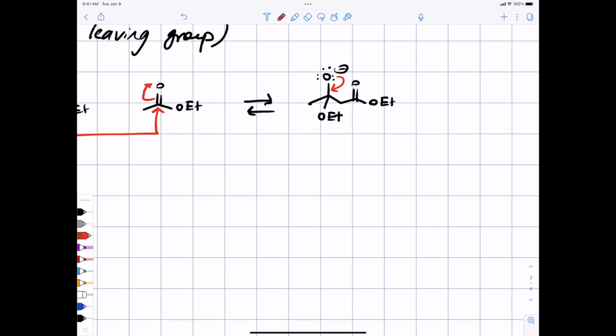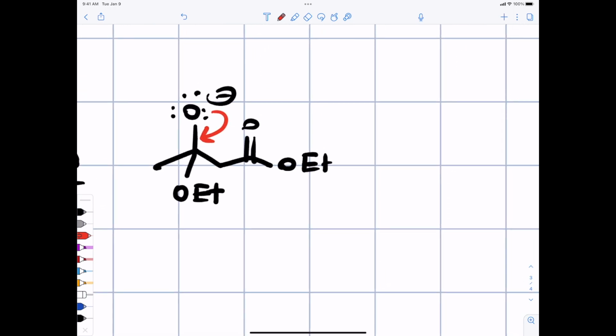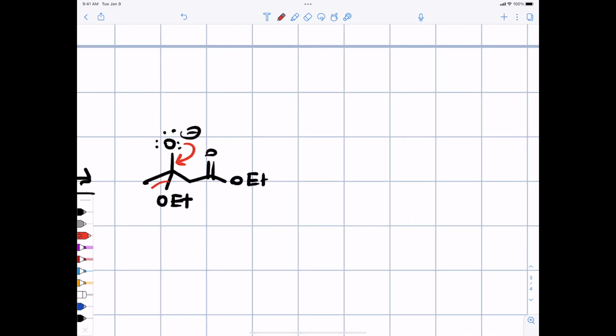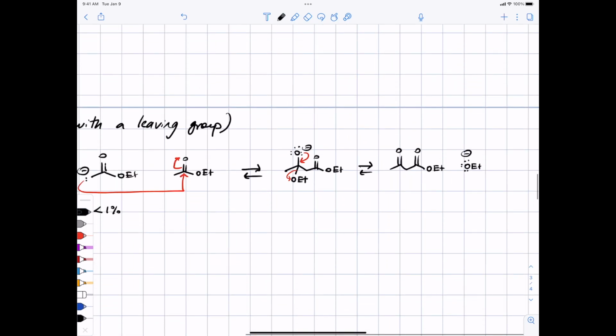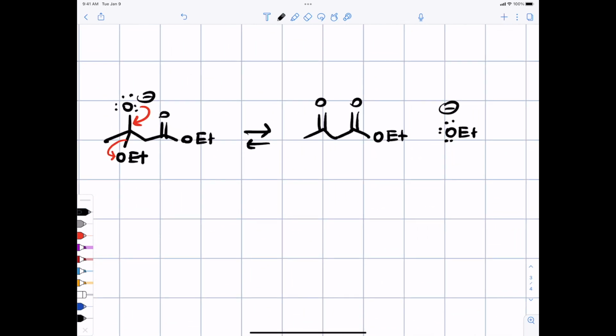But it's also reasonable for that negatively charged oxygen to kick off ethoxide, another negatively charged oxygen, as the leaving group. And when we do, we have this product.